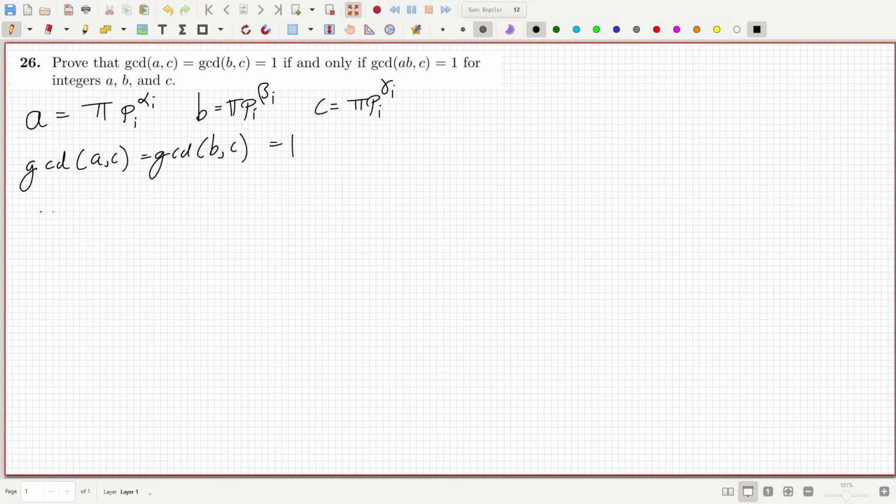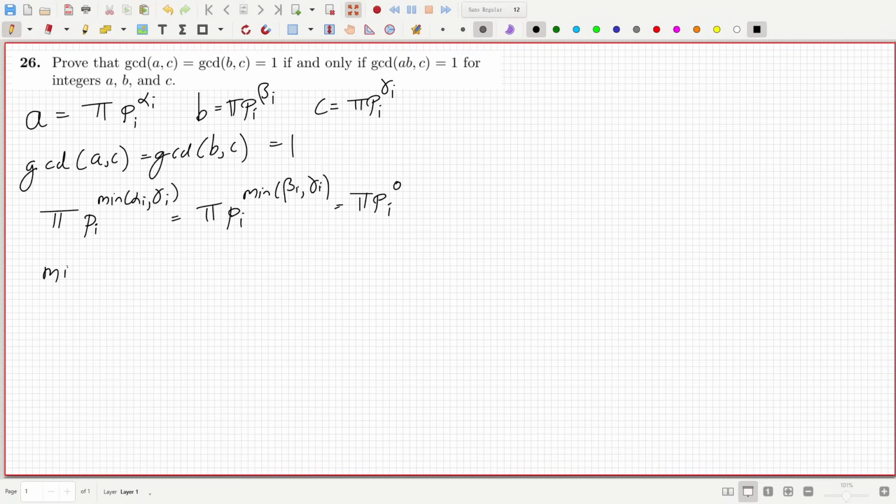The GCD here is the product of primes to the minimum power. So that would be the minimum of alpha_i and gamma_i. That should equal the product of p_i to the minimum of beta_i and gamma_i, and that equals 1, which is the product of primes to the power 0.